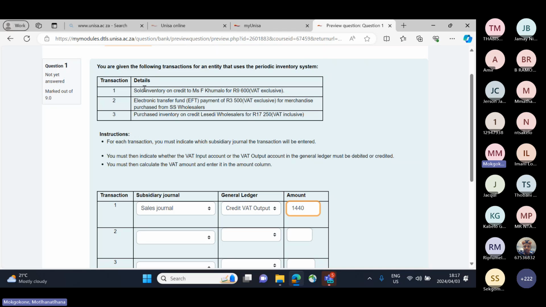That's why our subsidiary journal is our sales journal, because we sold inventory on credit to Miss F. Kumal, which is our debtor. Are you clear on the journal?